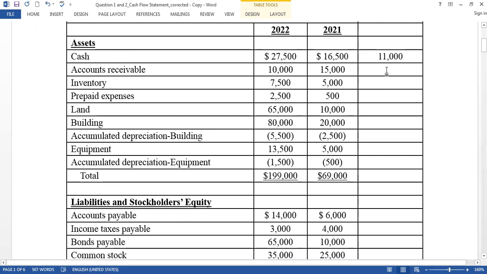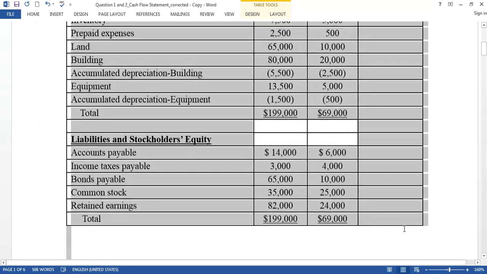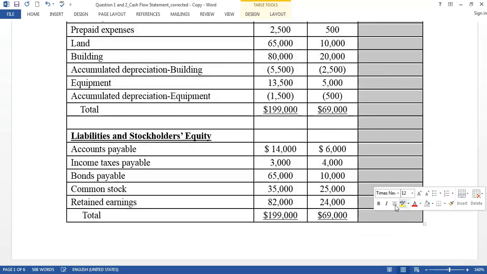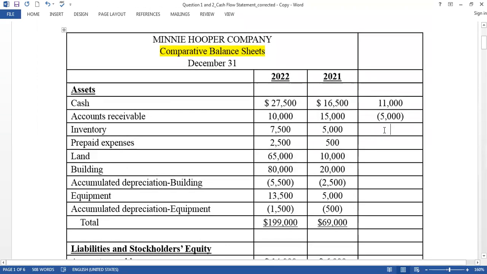Then accounts receivable decreased $5,000. Then inventory increased 2,500. Prepaid expense increased $2,000.